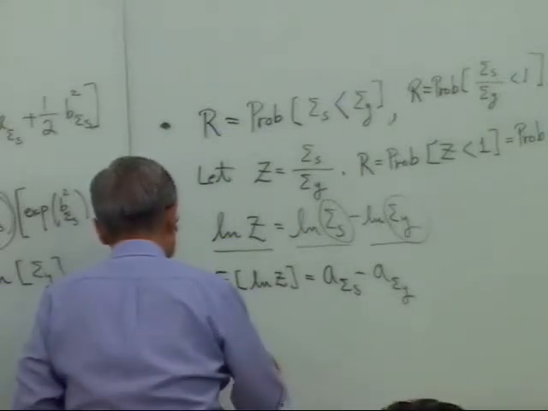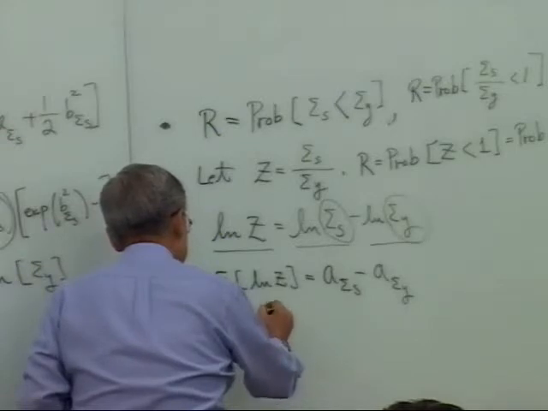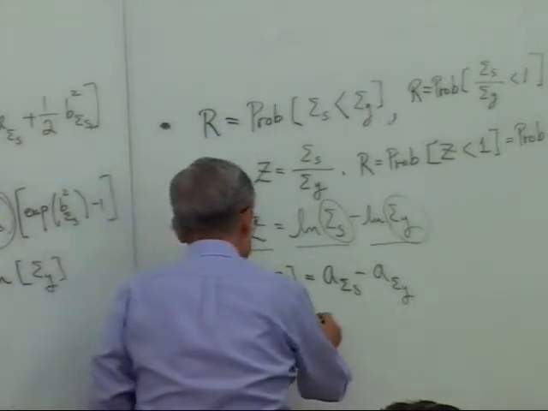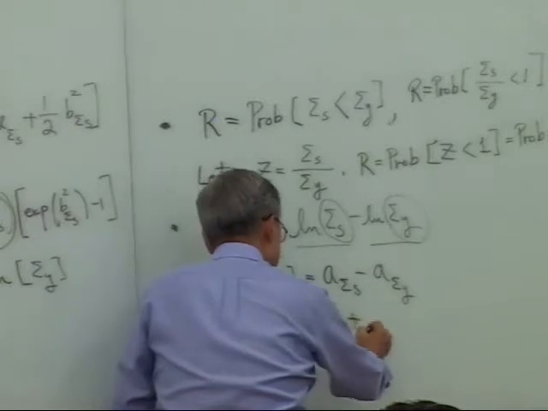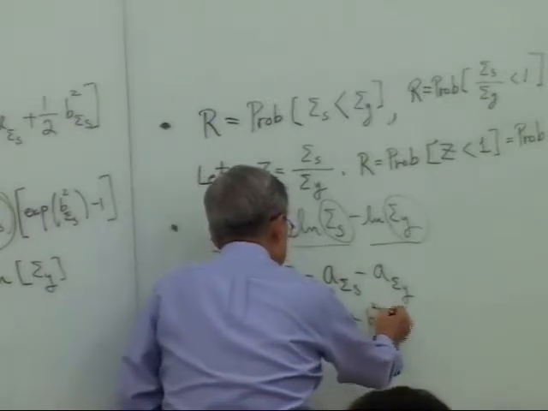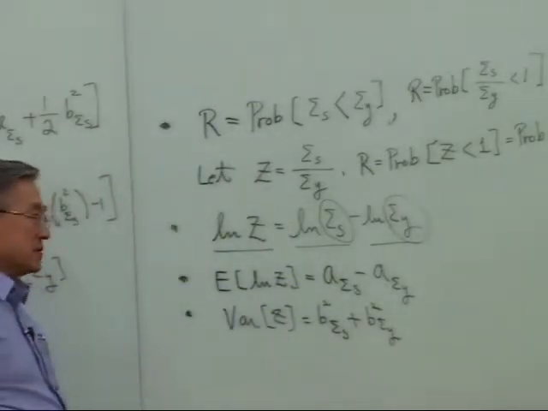And also the variance of ln Z is B sigma s squared plus B sigma y squared. It's clear.